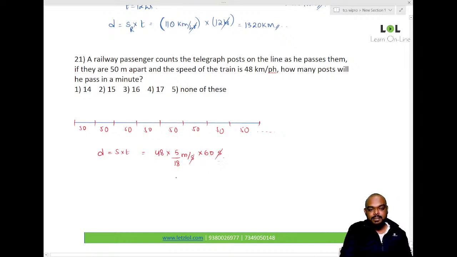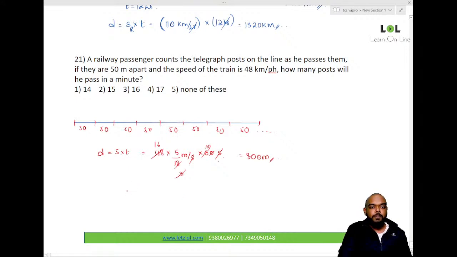Seconds cancel. 6 ones, 6 threes. 3 ones, 3 16s. 16 fives, 80 ones. 1 second. This is 6 tens, right? 800 meter is what we are getting. Okay.